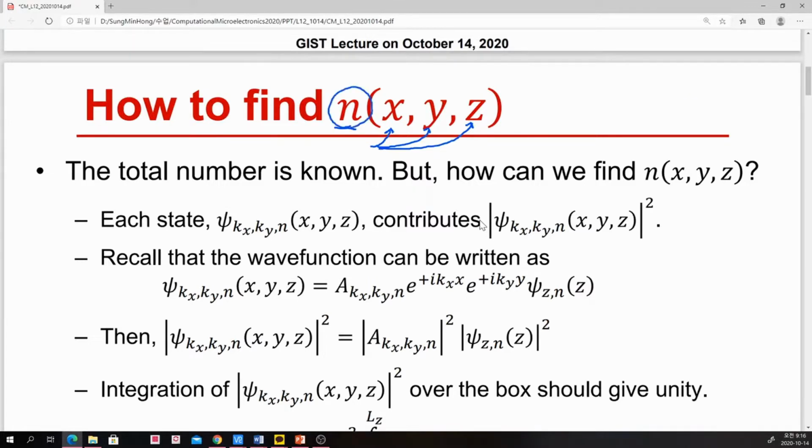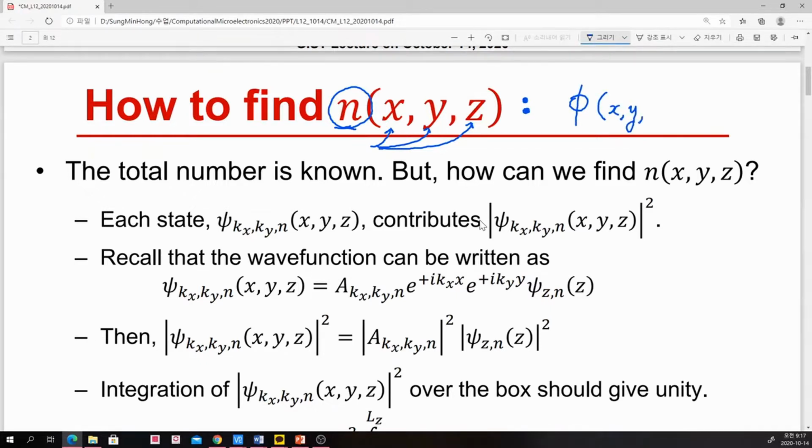Not only the total number of electrons. It is because once we understand this electron density, then it can be used as the source term in Poisson equation. So it can generate once again electrostatic potential as a function of x, y, and z. So that will be our eventual goal.